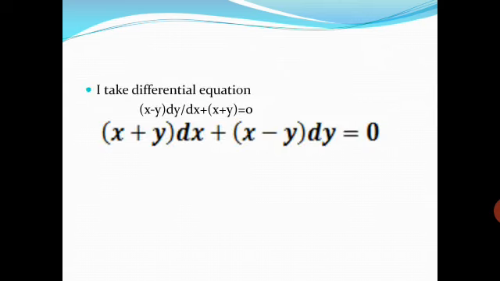I take the differential equation for this program: (x minus y) dy by dx plus (x plus y) is equal to 0. If we simplify, we get the differential equation x plus y into dx plus x minus y into dy is equal to 0.